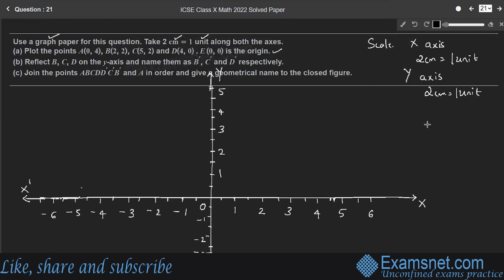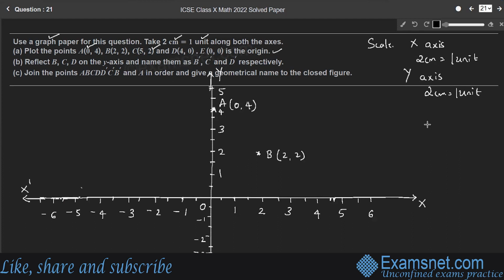So here the first point, A, has coordinates 0 and 4. Its x coordinate is 0, y coordinate is 4. Therefore, point A is on the y-axis, right? B is 2, 2, in the first quadrant. Therefore, B has coordinates 2, 2.